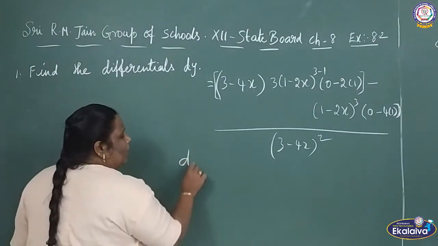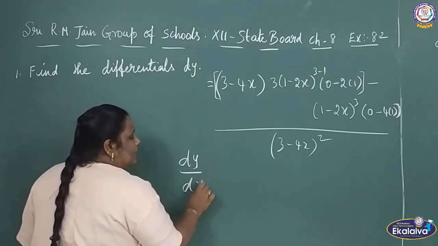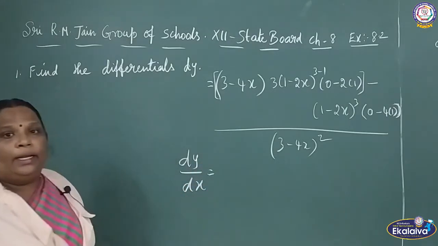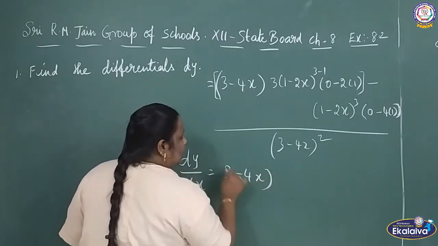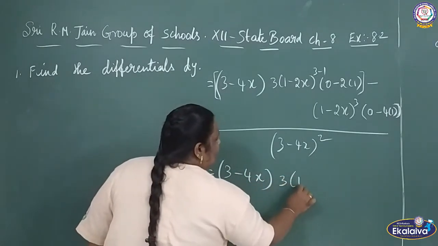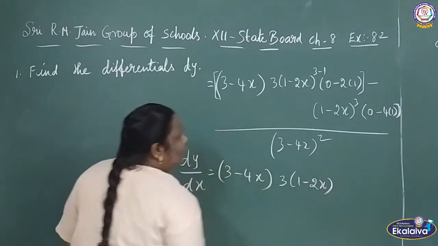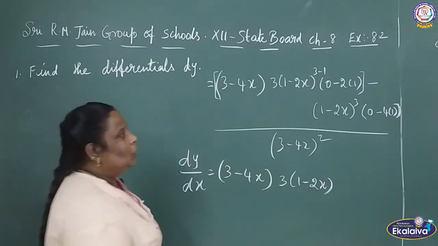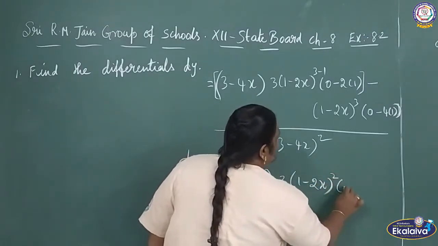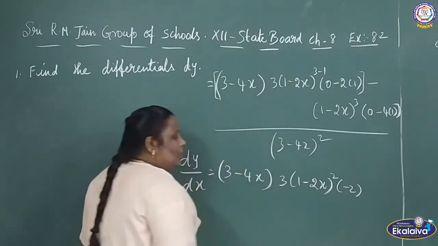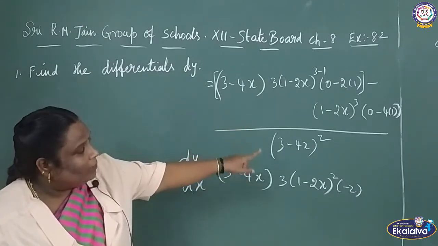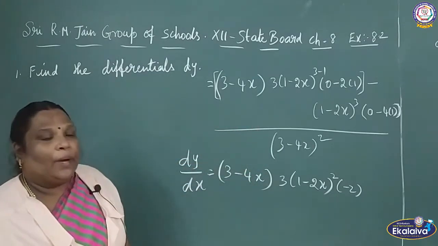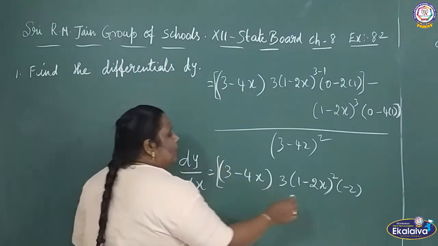See, dy by dx equals (3 minus 4x) into 3 into (1 minus 2x) whole power 2 into minus 2, the one term, minus (1 minus 2x) the whole cube into minus 4.